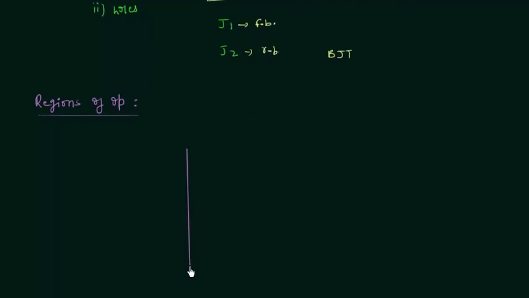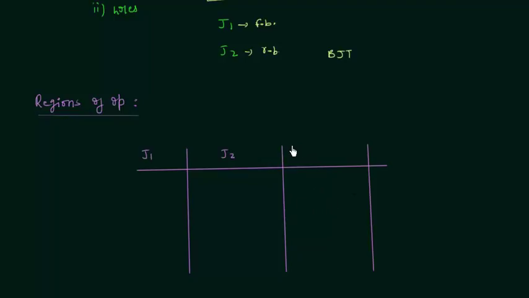In the first column, we have the emitter junction, or you can say emitter base junction. In the second column, we have collector base junction, and in the third column, we have regions of operation. The first column is for junction J1, the emitter junction. The second column is for junction J2, the collector junction, and the third column is for region of operation.